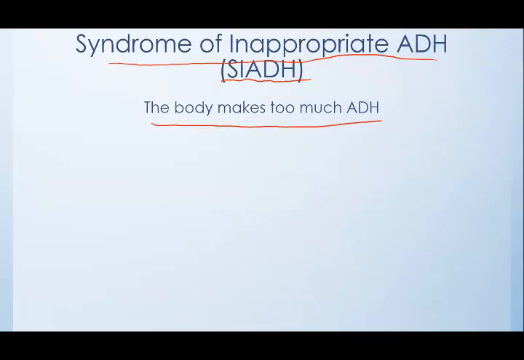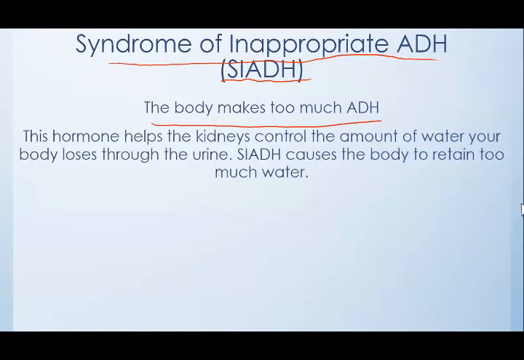The body either was not producing ADH or the kidneys were not able to acknowledge the ADH. But here, the body makes too much ADH. This hormone helps the kidney control the amount of water your body loses through the urine. So SIADH causes the body to retain too much water.